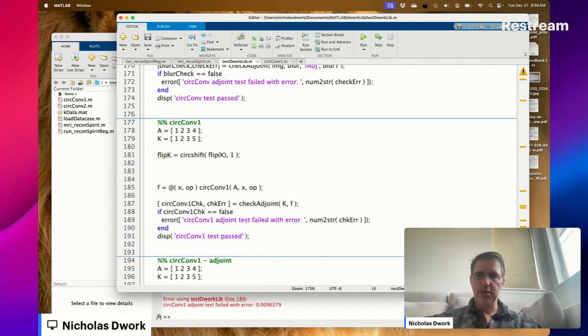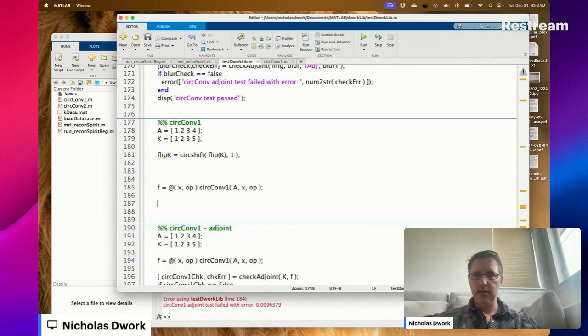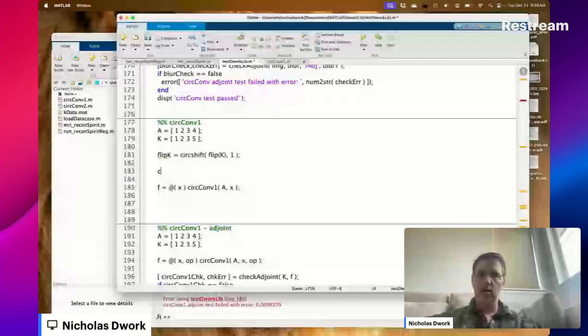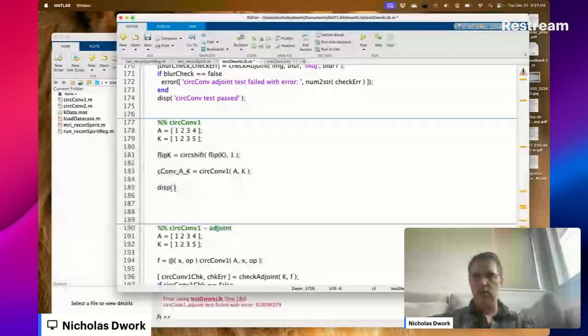So what I'm going to do is just do the circular convolution by hand. We're not going to check the adjoint. So that's giving me these values, and that's fine.